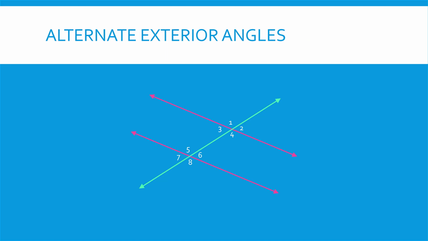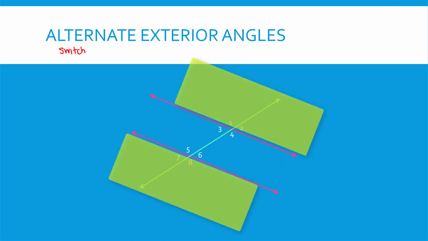All right, so alternate exterior angles. Let's break this down a little bit. Alternate means switch, and exterior means outside.